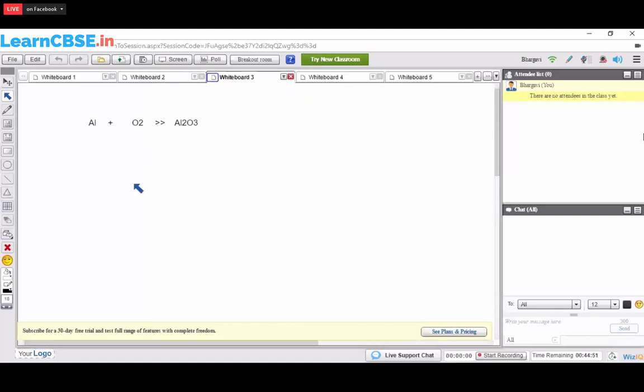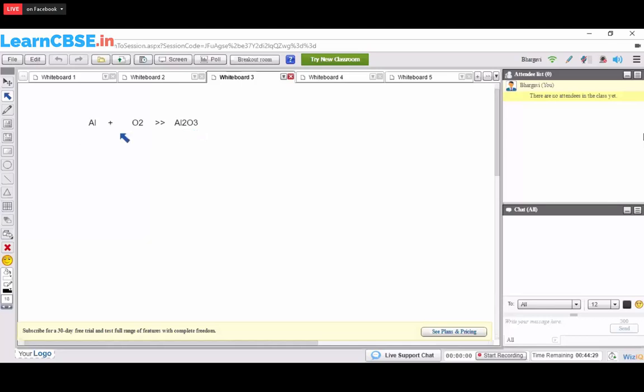Next example. Aluminium reacts with oxygen and forms aluminium oxide, Al2O3. Here it is only one aluminium atom, and here two aluminium atoms. Here it is two oxygen, and here three oxygen.